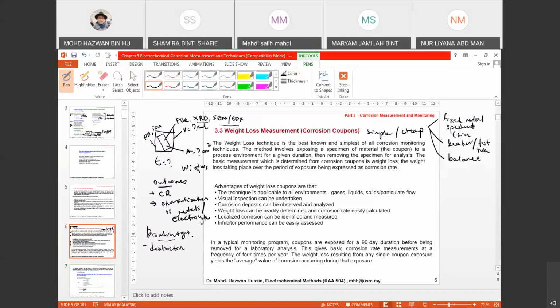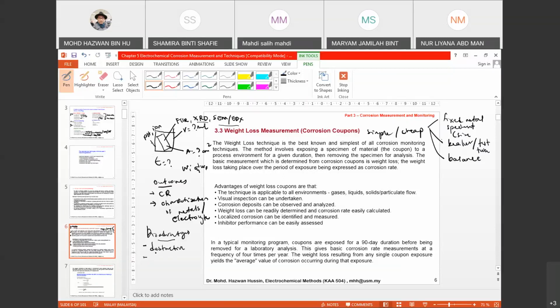The metal will be dissolved, so you cannot reuse the plate again after this measurement. I take the point because Mariam said it needs to be replaced. If you want to repeat the experiment, you cannot use the same sample again. You need to replace it with another one because the process is destructive.